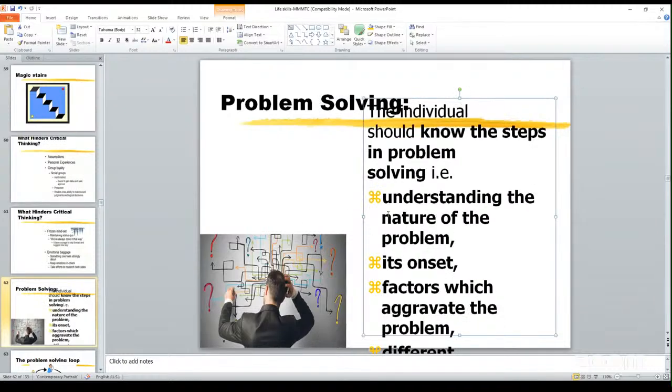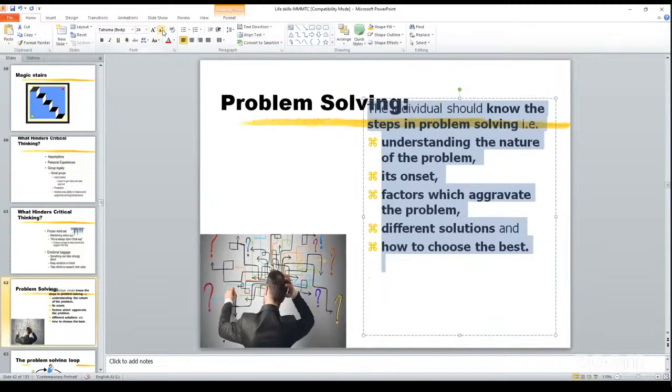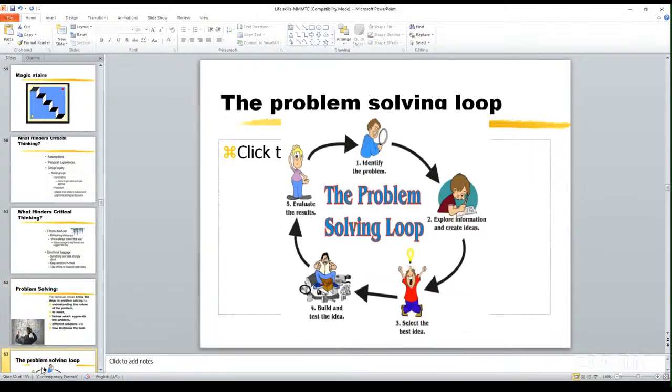Then comes the problem solving loop. A loop is a kind of cycle where we manage or solve our problems. Look into the next slide, where we talk about the problem solving loop.